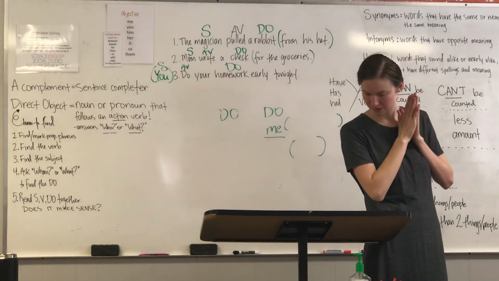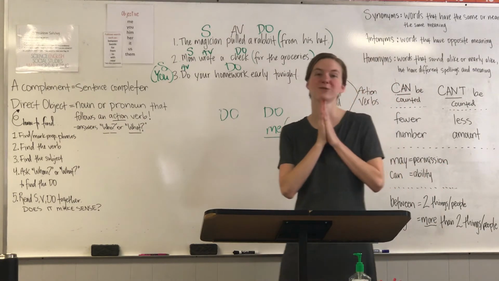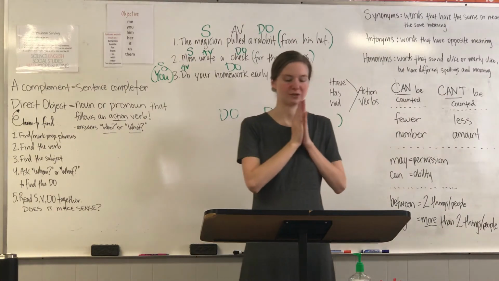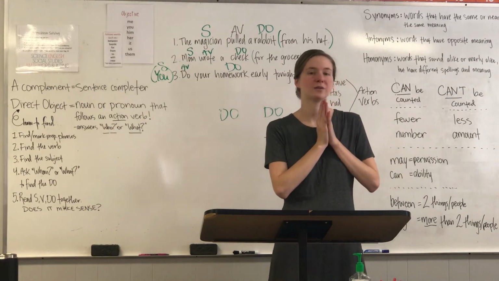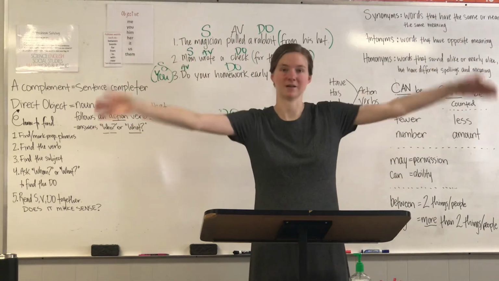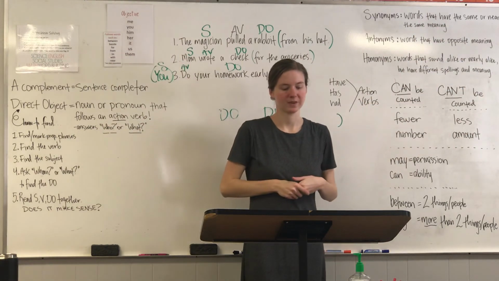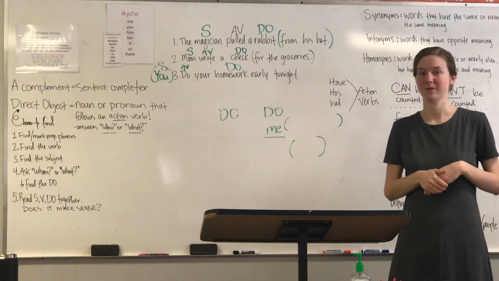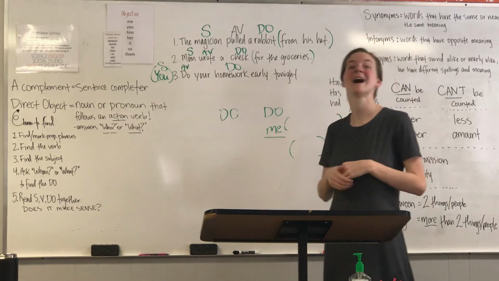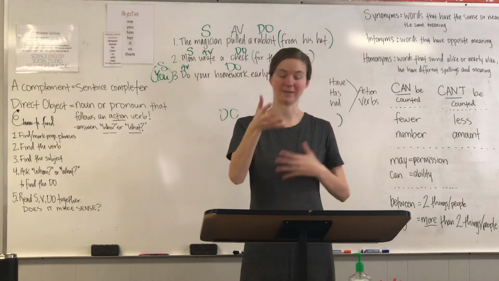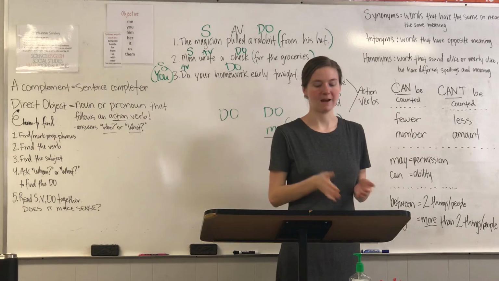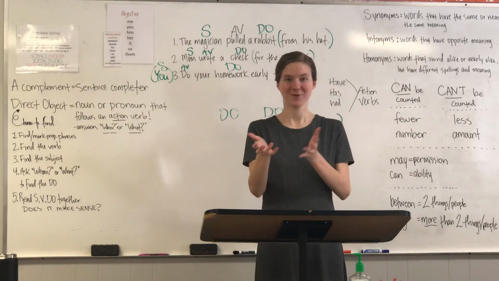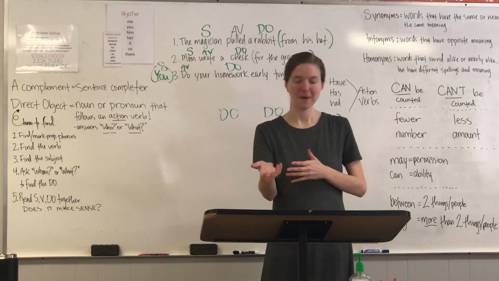Grandmother read a story to my little sister. Mark your prepositional phrases. Your prepositional phrase in here is to my little sister. Put parentheses around it. Now, find your verb. Read is your verb. So you would mark it with a nice V because it says something that you can do. Now ask who read. Who read the story? Grandmother did.